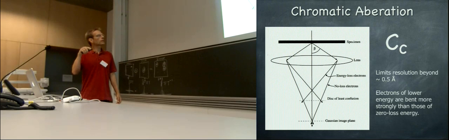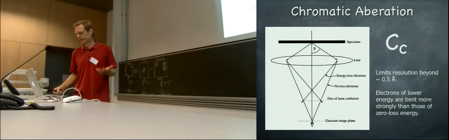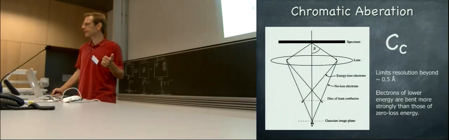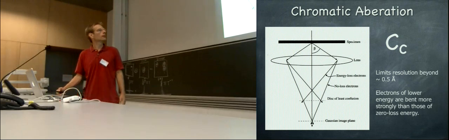The fast ones are focused less and the slower ones are focused more. And the amount of aberration, depending on the speed or the chroma, the color of the electrons, is quantified by this constant. And usually it's also a constant that has the same magnitude as the CS constant, so another value of 2 millimeters or so.